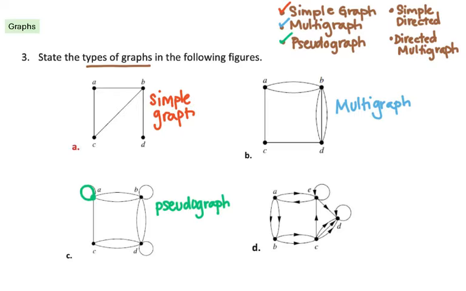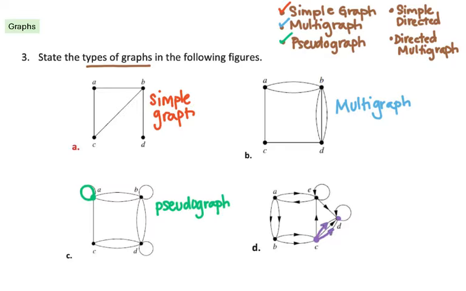Okay, and a simple directed versus a multi-directed. So obviously we can look at D and know it's some kind of directed graph because it has arrows. Now the question is whether it is simple or multi. So simple would mean there's no duplication of routes, of arrows. And multigraph means there might be. So what I see here, in fact, look for example from C to D. I see two different arrows forming that same connection.